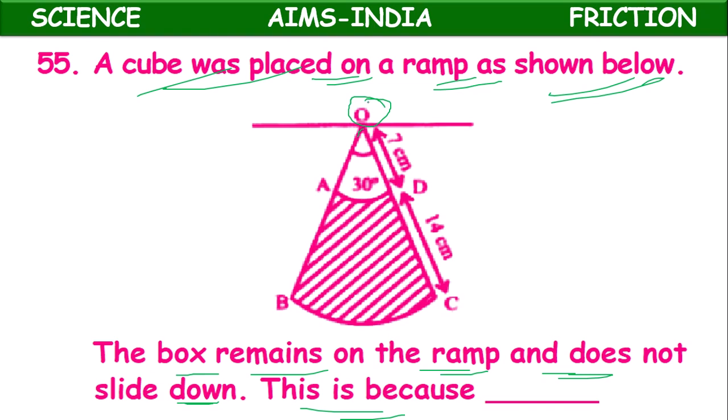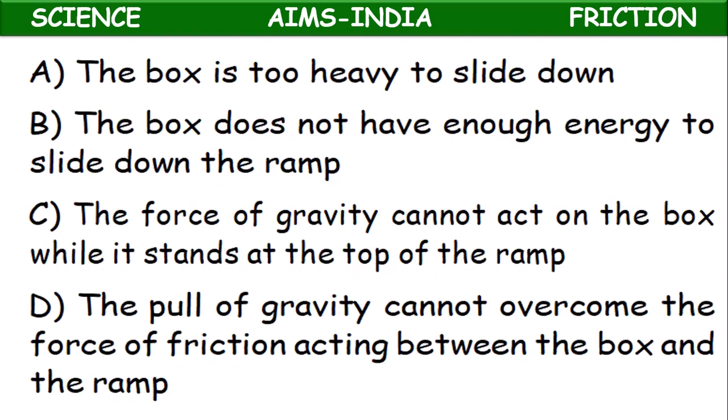Why is it like that? We have just now learned that everywhere in the universe, gravity and friction will be working. So here, the box is too heavy to slide down.